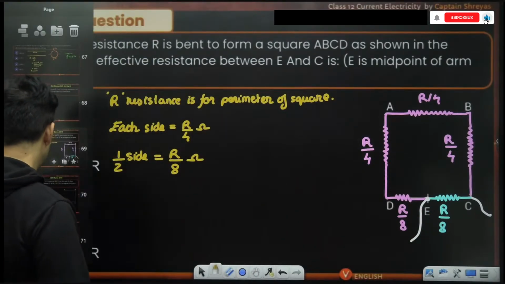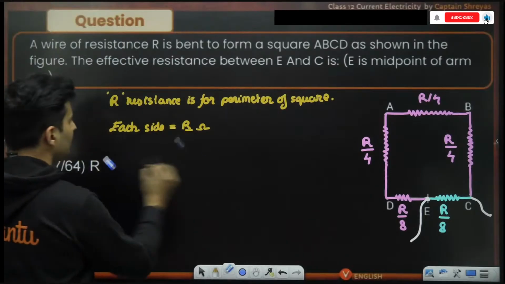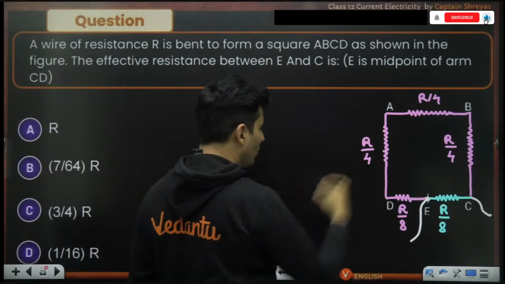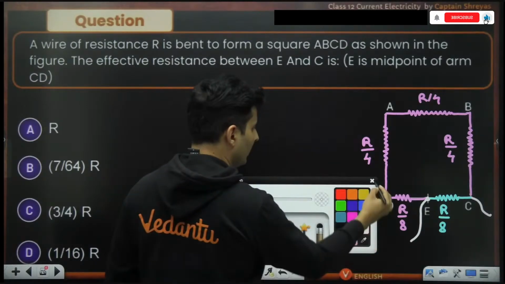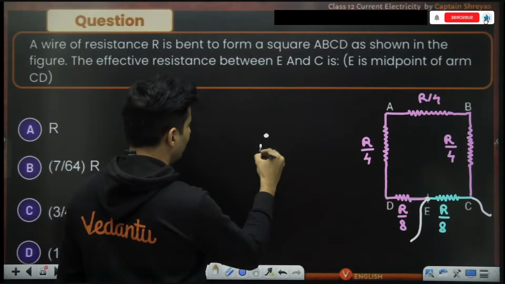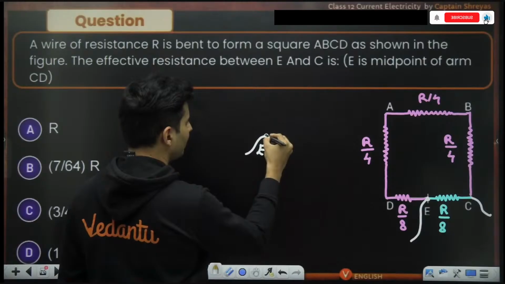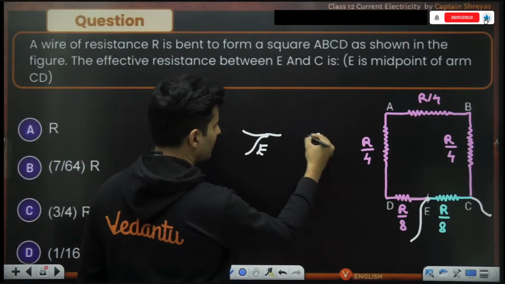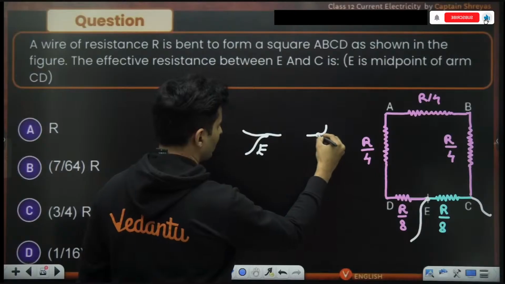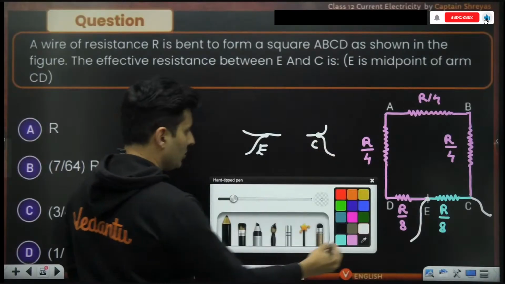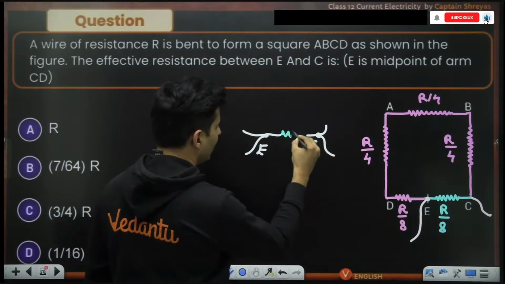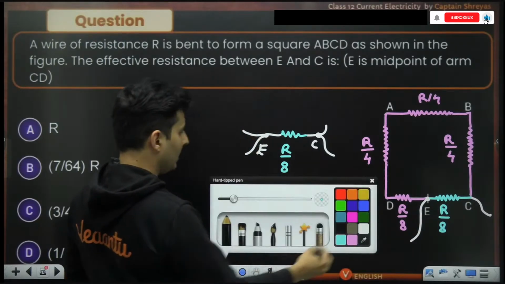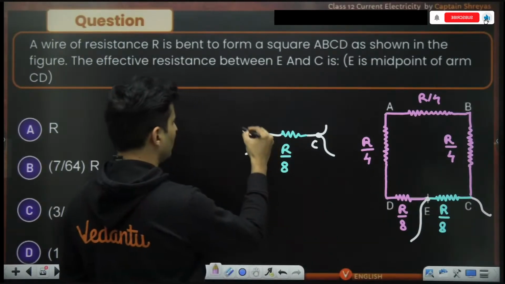So, technically, if you combine all these resistors into one single resistor, you will have a single resistance between E and C, which is R by 8, and this thing over here.